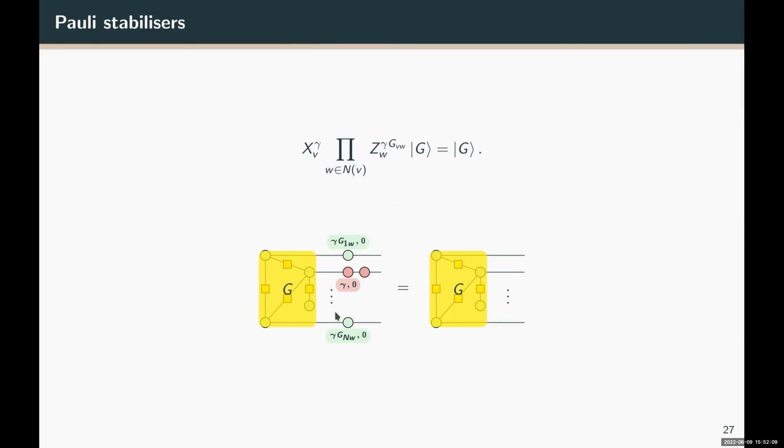And so if you write this in the calculus, we just get something which says apply a red Pauli, which is just the x operation, on some vertex, and then the corresponding weighted green Pauli on every one of its neighbors. And this is equal to the identity.